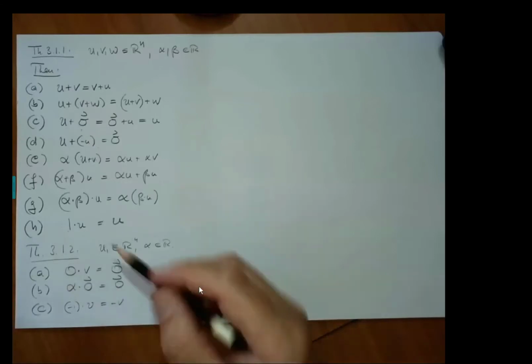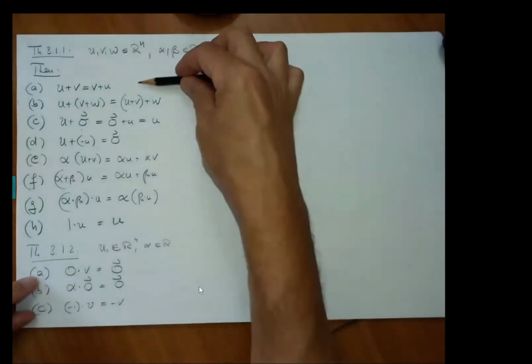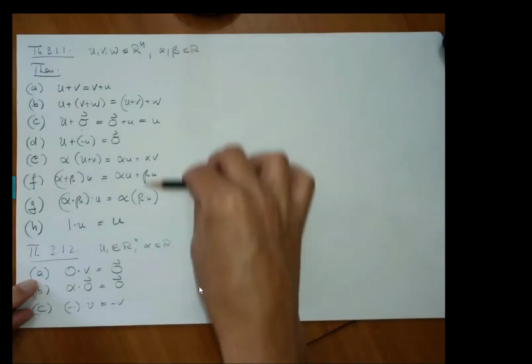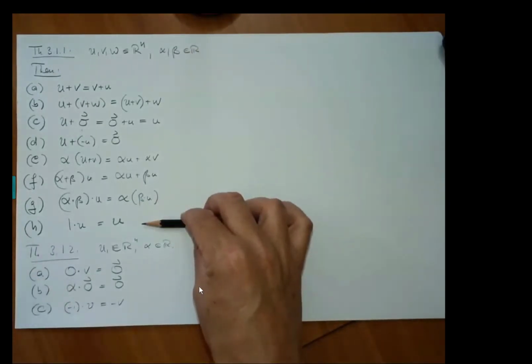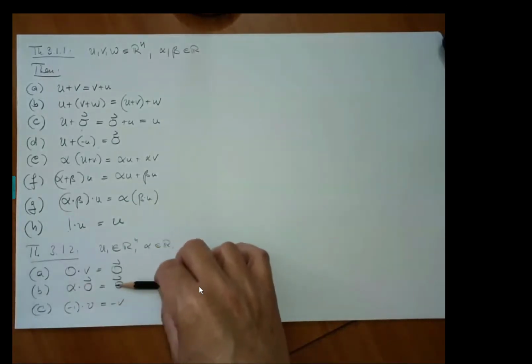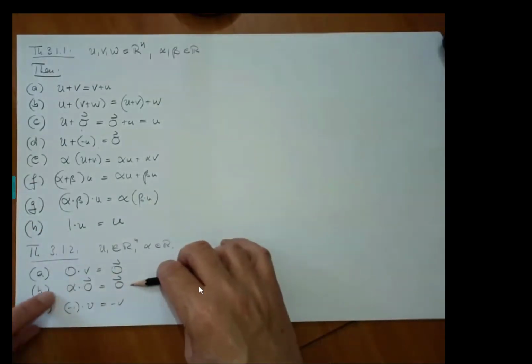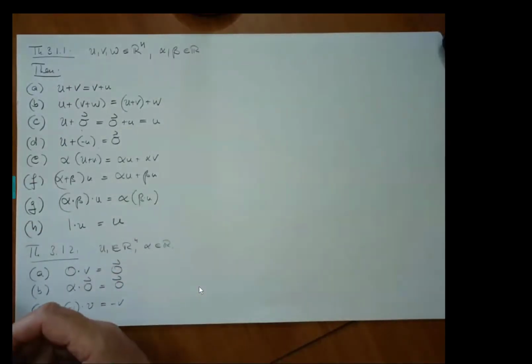Now can you say why the book did not put these up here? The reason is later on, we will say whatever behaves like this, so we're asking for these properties, is called a vector space. And then these down here are a consequence. Based on this, you can actually show this. That's the reason why our book puts them in two different sections or two different theorems.